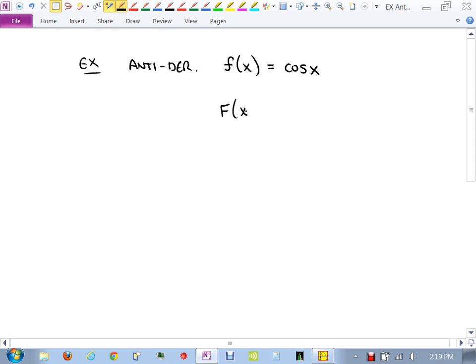Careful. Is that right? Sure. Take the derivative of capital F. Wouldn't you get negative cosine? So it's just sine, right? The antiderivative of cosine is sine.